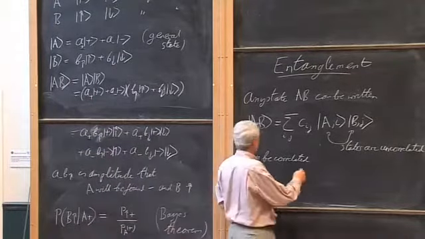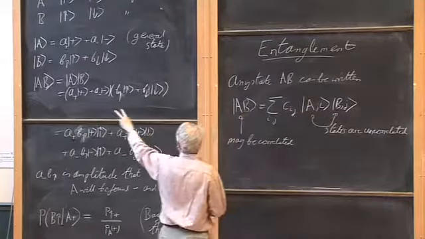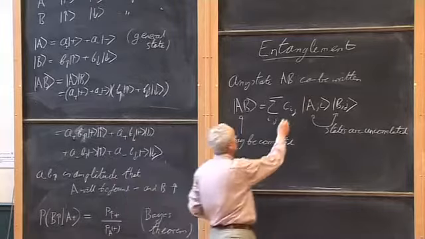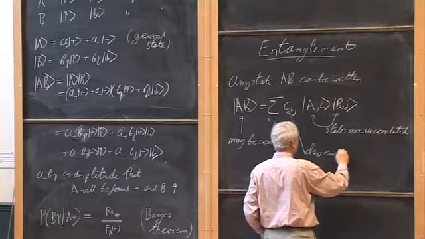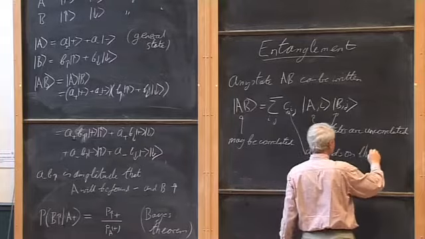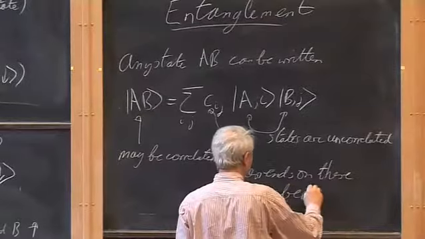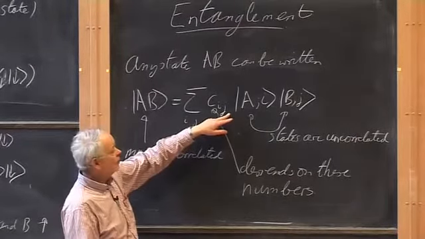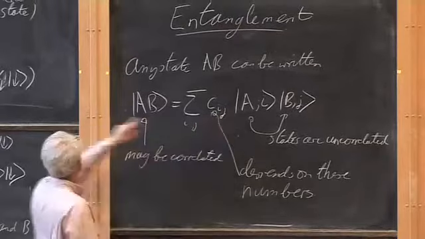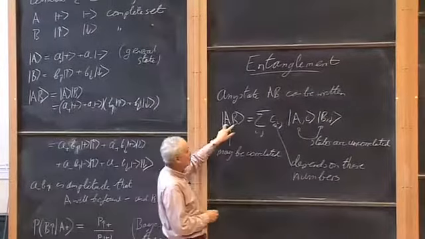So whether this thing can be written as a product of two separate states depends on these numbers. Now, we haven't got time to go into what property of these numbers ensures that you can do a decomposition like this into uncorrelated states, which makes this state uncorrelated.